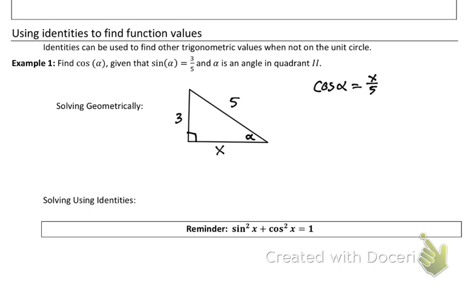So in this case, we have 3 squared plus x squared equals 5 squared. Well, 3 squared is 9, we've got an x squared, and 5 squared is 25. I would subtract 9 from both sides, and we'd have x squared equals 16.